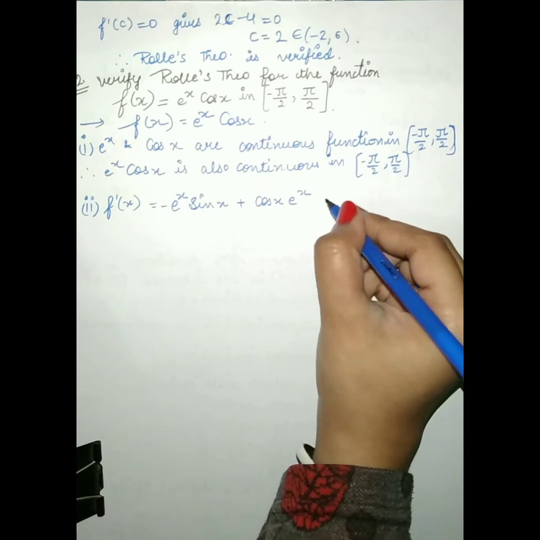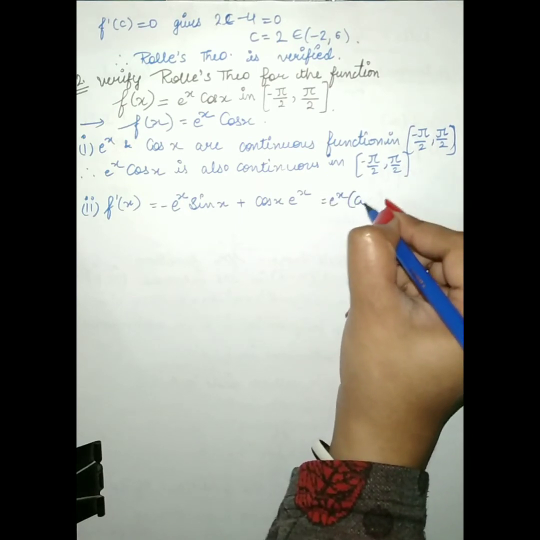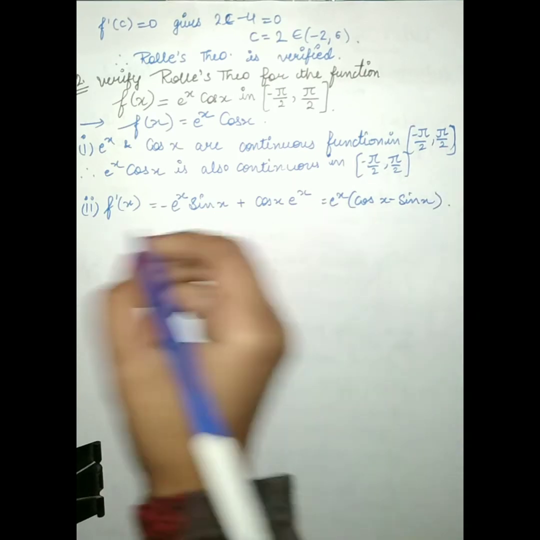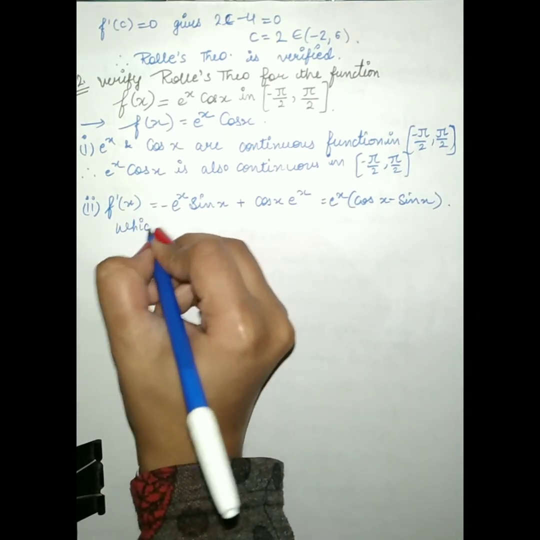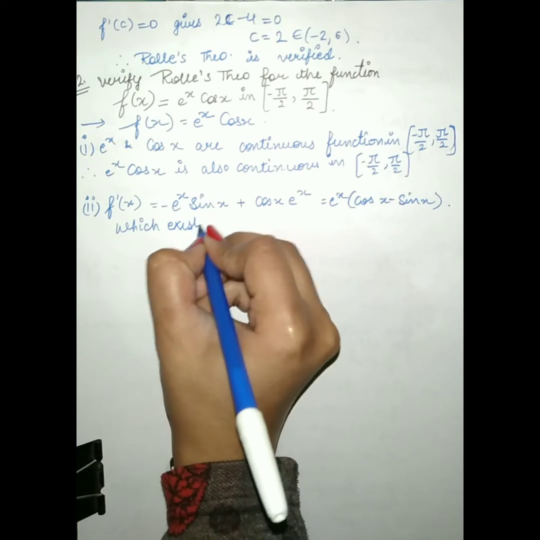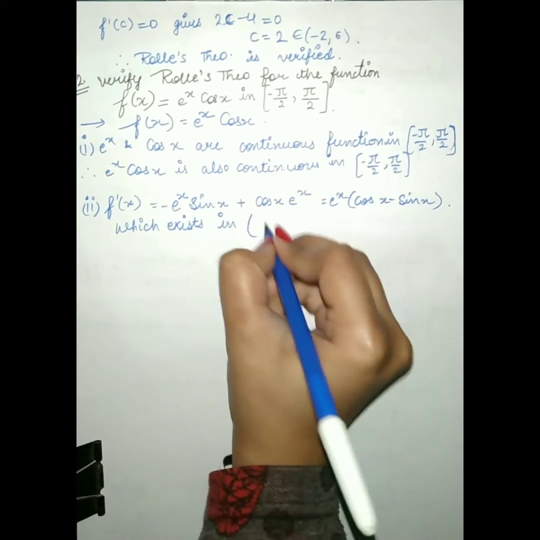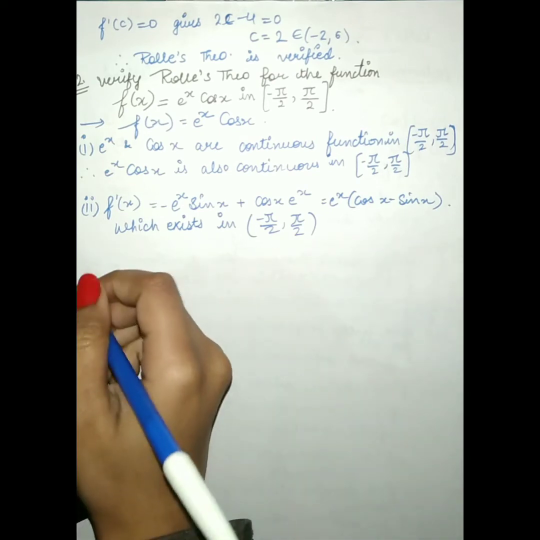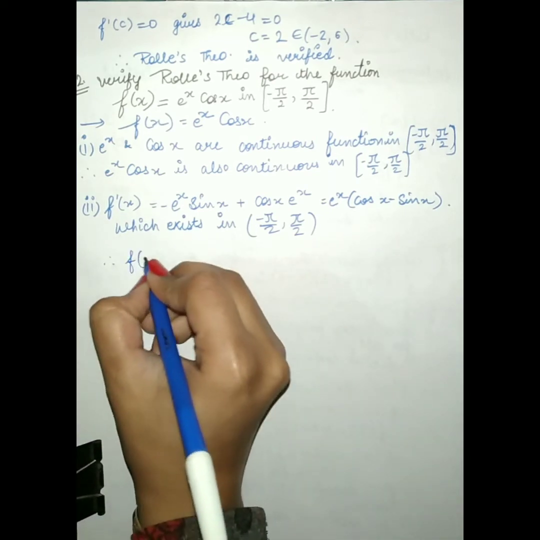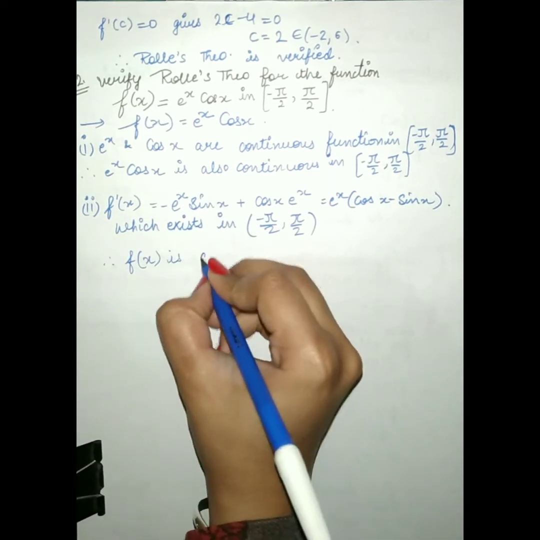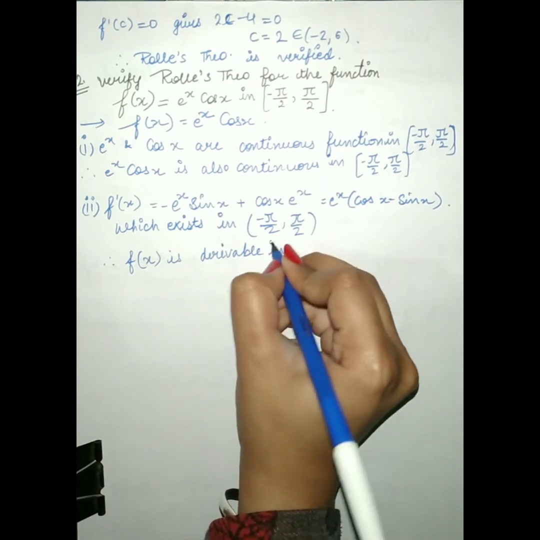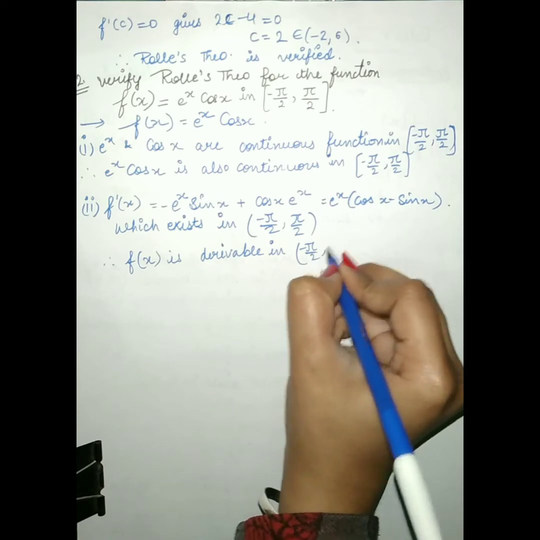It will become e raised to power x into cos x minus sin x, which exists in open interval -π/2 and π/2. So therefore f of x is derivable on -π/2 and π/2.